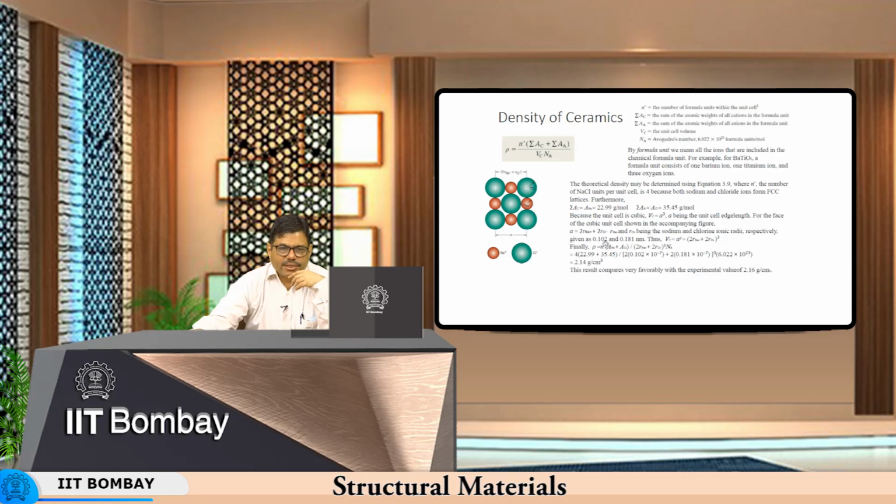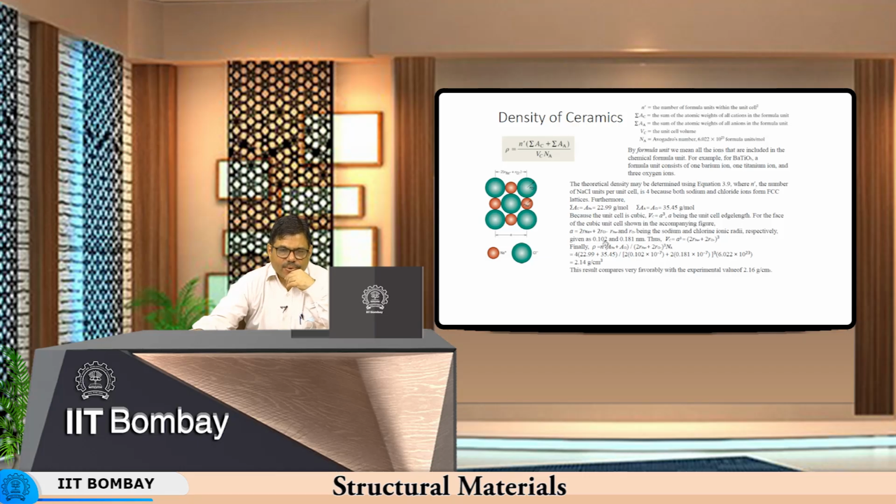If you have, let's say, Al2O3, then you have the atomic weight of aluminum times 2 and atomic weight of oxygen times 3 divided by Vc times NA. So the formula remains essentially the same, and therefore we have for, let's say, barium titanate, basically based on formula, 1 barium ion, 1 titanium ion and 3 oxygen ions.